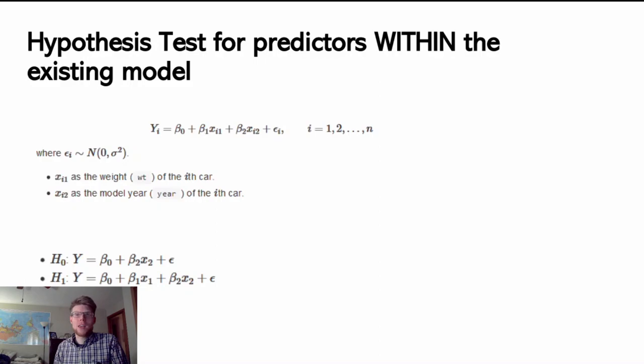Maybe I can come up with an example here. Let's say we're talking about productivity, so we're trying to measure people's productivity. Maybe one predictor I use would be something related to intelligence.